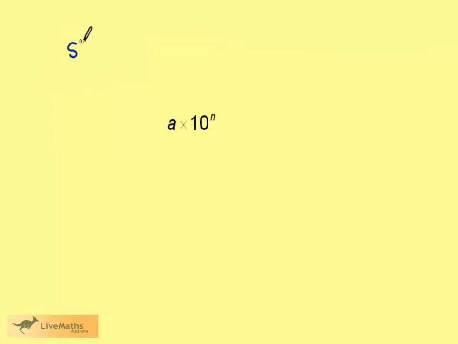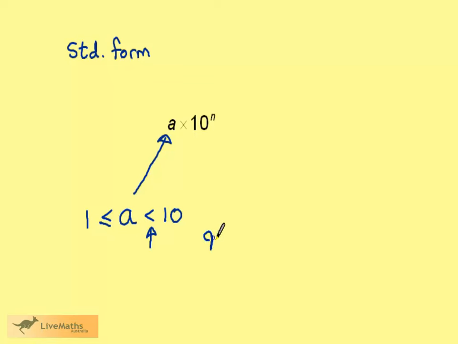So let's consider exactly what's meant by standard form. A number in standard form is of the form a times 10 to the power n. The a is a number which is between 1, with 1 included, and 10, with 10 not included. For example, 9.99 would be okay.